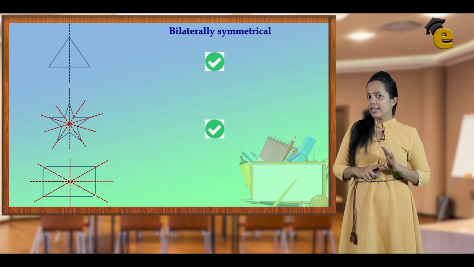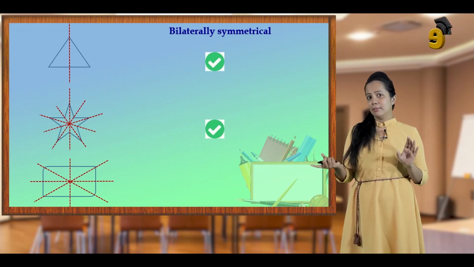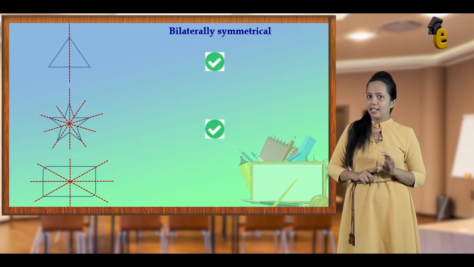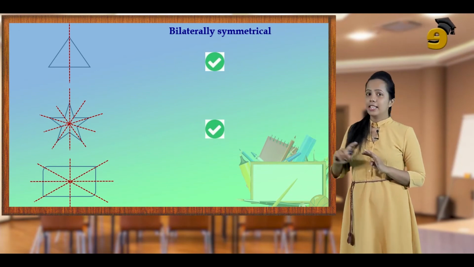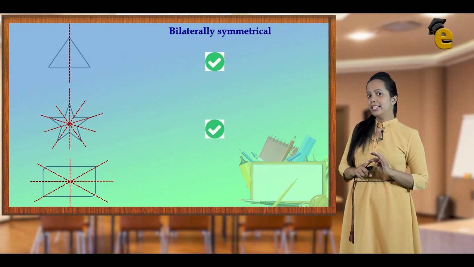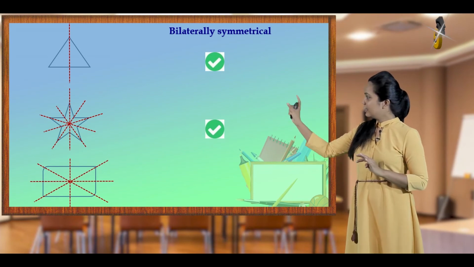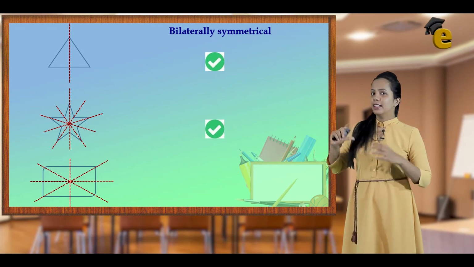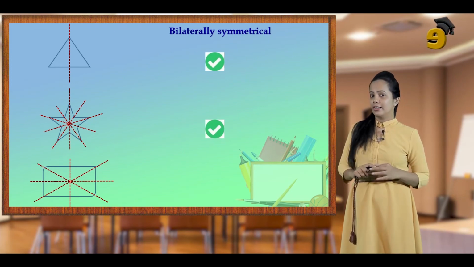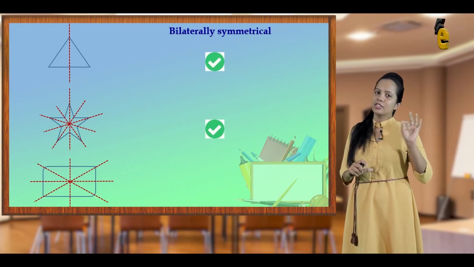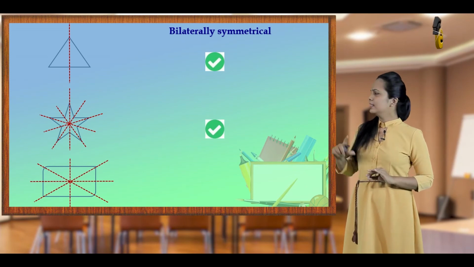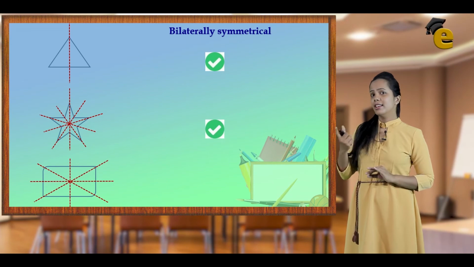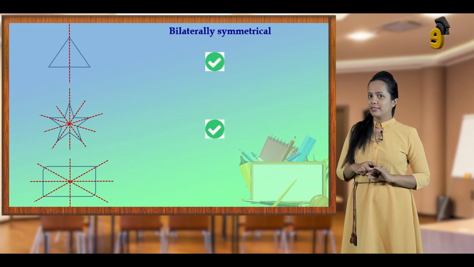And what about the first characteristic? Same area? Yes, they have the same area. Do they have the same shape? Yes, if you consider the vertical line, the 2 identical parts on either side of the vertical line have the same shape as well. Then 2 characteristics are satisfied. Then what about the last one? Are they coinciding with each other?